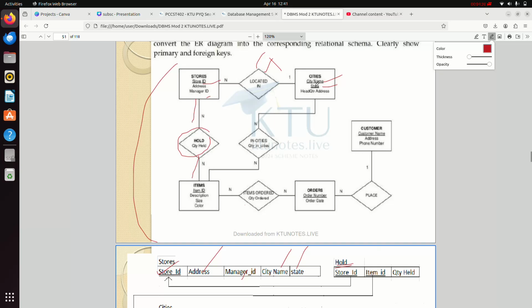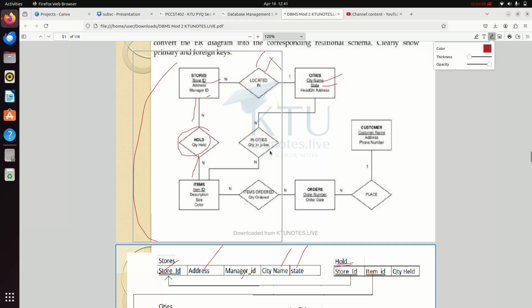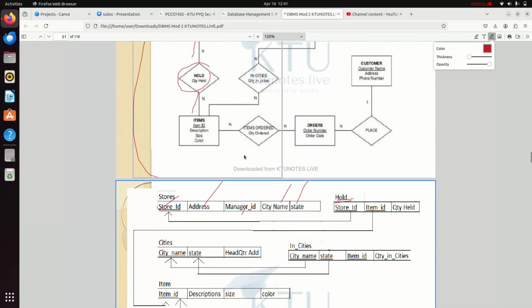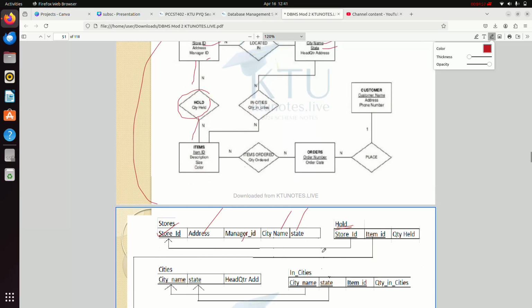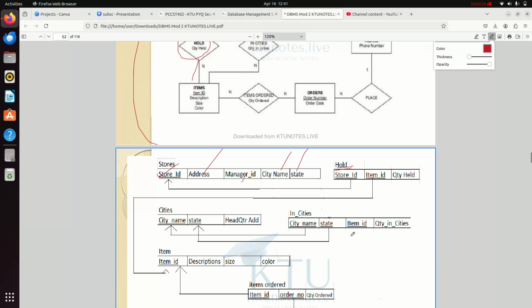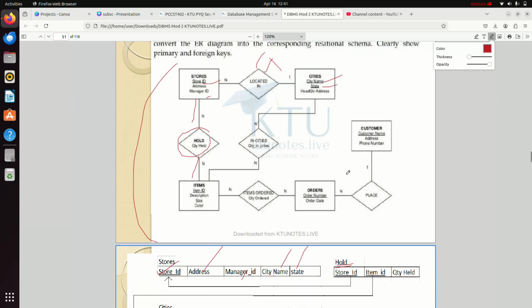Now if you consider the city, cities have a many to many relationship with items again. So in cities there would also be a separate table which contains the primary key of cities, that is city name and state, and items' primary key, that is item ID, and quantity in city.